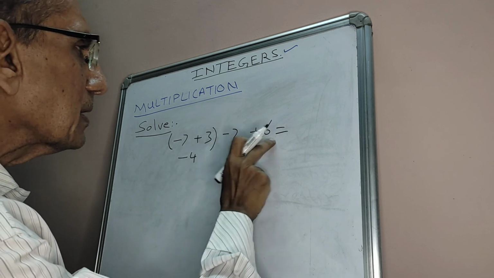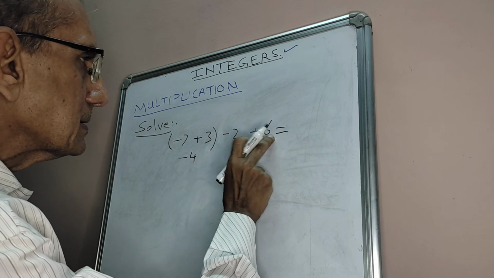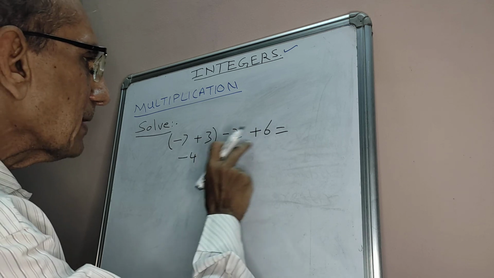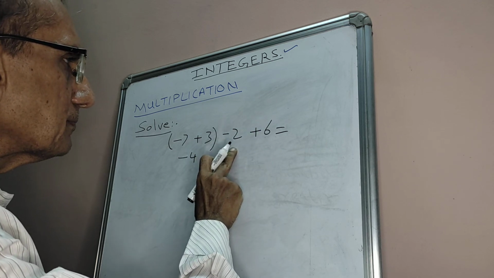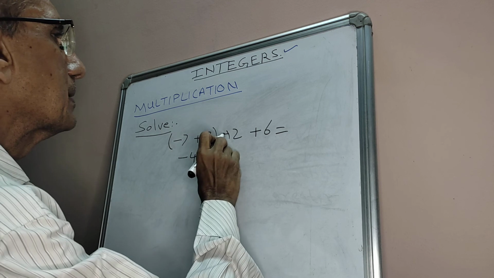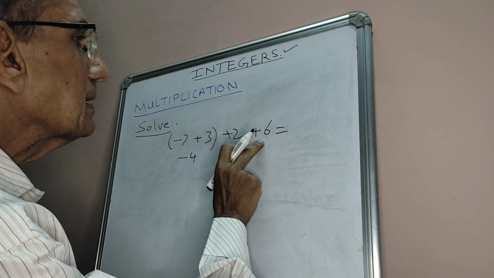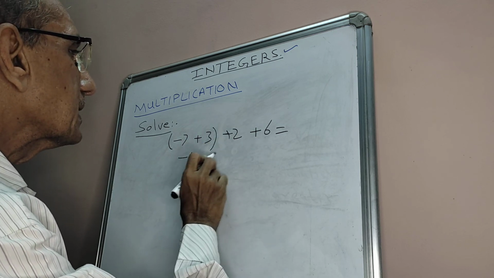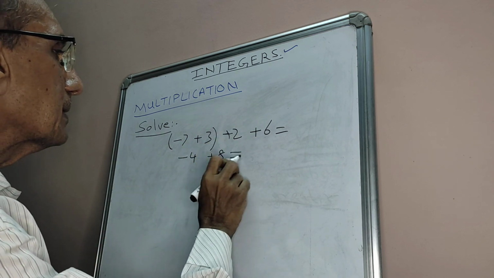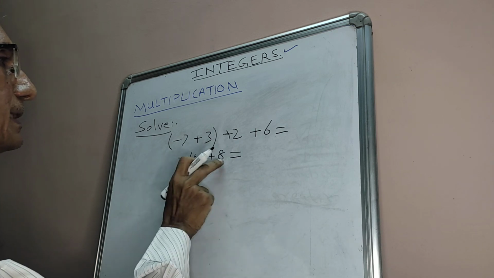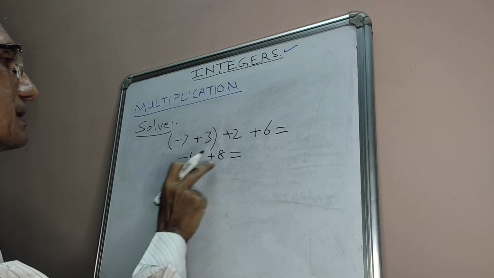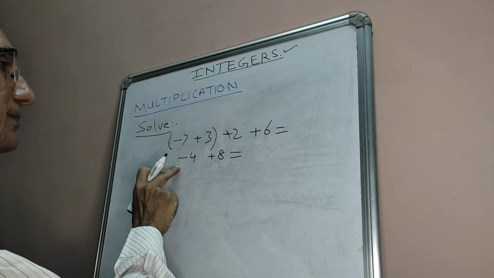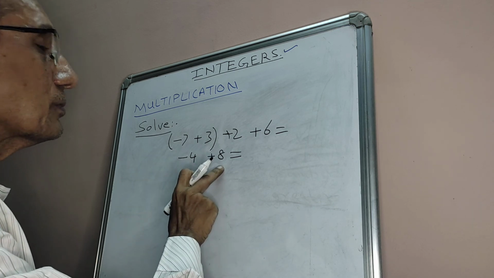So minus 2 and plus 6, what do I get? 6 is the greater number. We have two different signs, so subtract the numbers, and I'll take this as plus. When two numbers have the same sign, add the numbers and put the same sign. So plus 8. Now here you have 8 and 4 with different signs. What does the rule say?